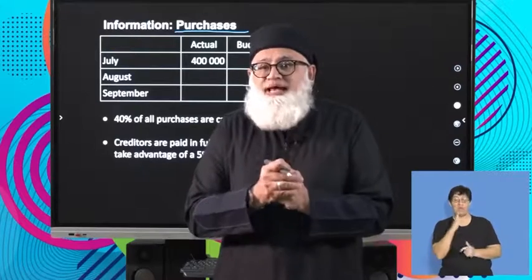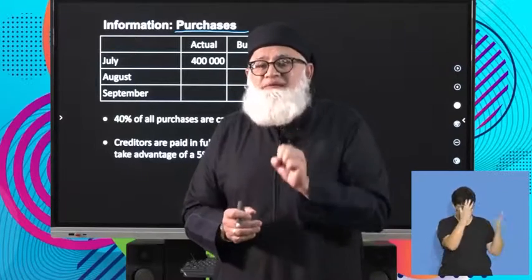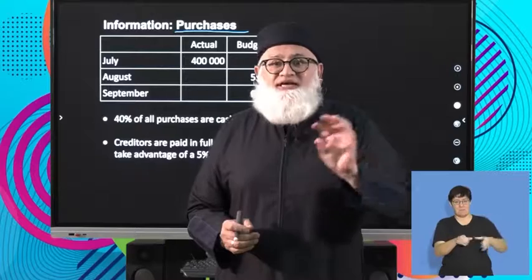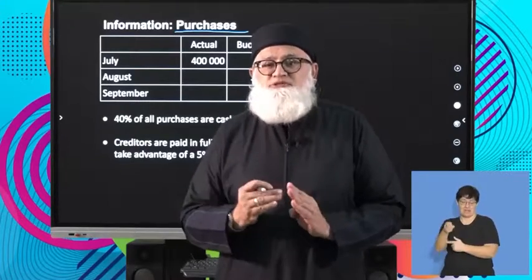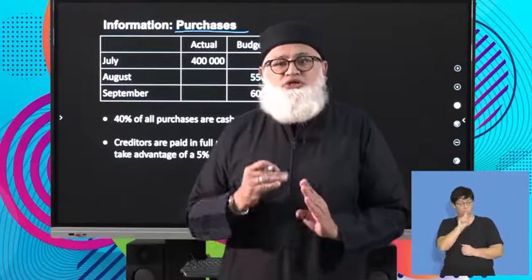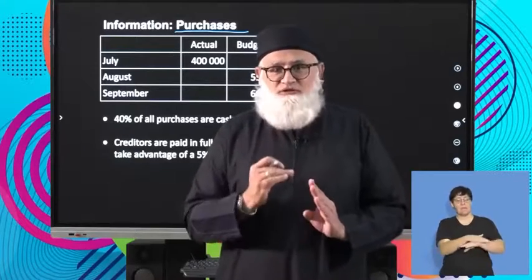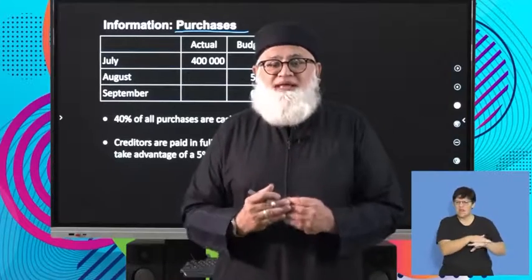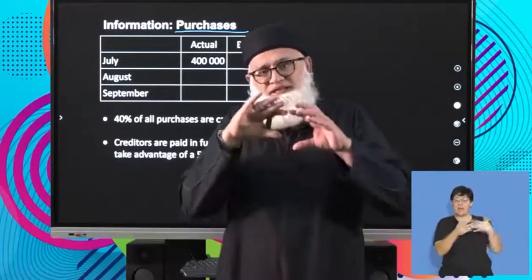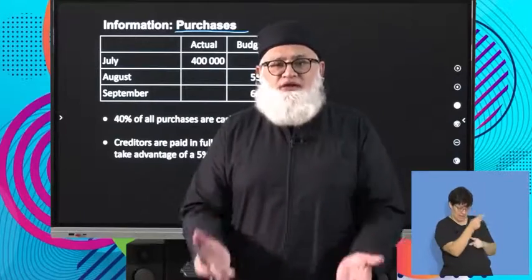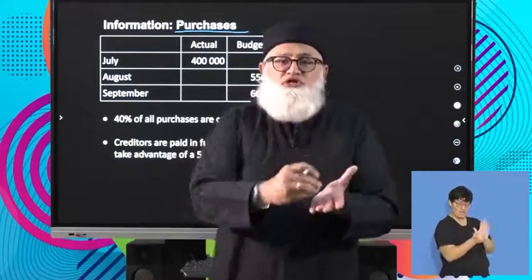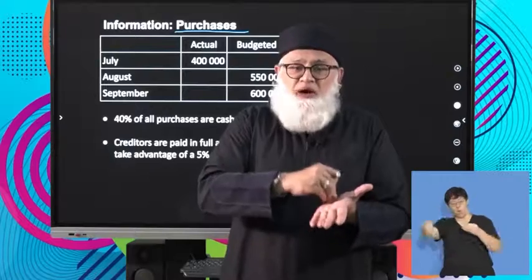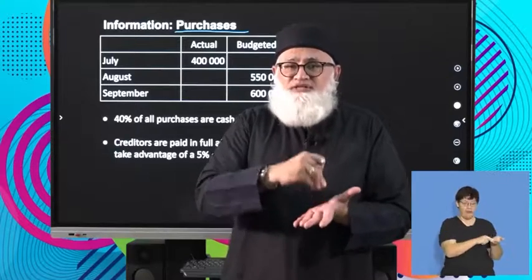Once you have calculated your cost of sales, you then break it up into cash purchases and credit purchases. The reason we do that is because in our questions, we use what is called base stock. What is base stock? Base stock simply means whatever stock you start off with at the beginning of the month is the stock that you will end off with at the end of the month. So whatever stock leaves the business is the stock that will be bought to replenish, so that we have the same amount of stock at the beginning of the next month.